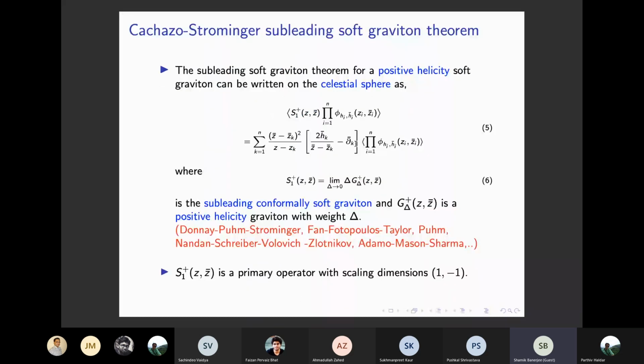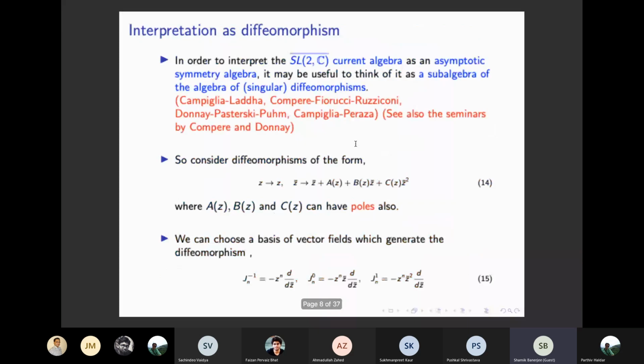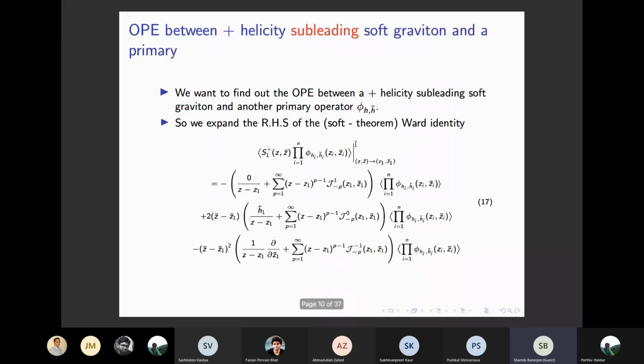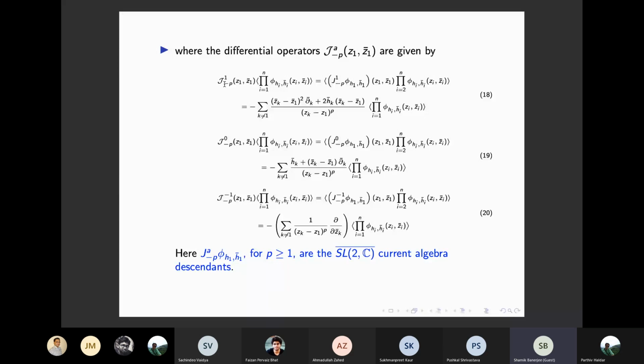And there is one more thing, which is that if I can actually write this math, this current J1 minus p z1 bar acting on this as J1 minus p phi h1 bar z1 bar.